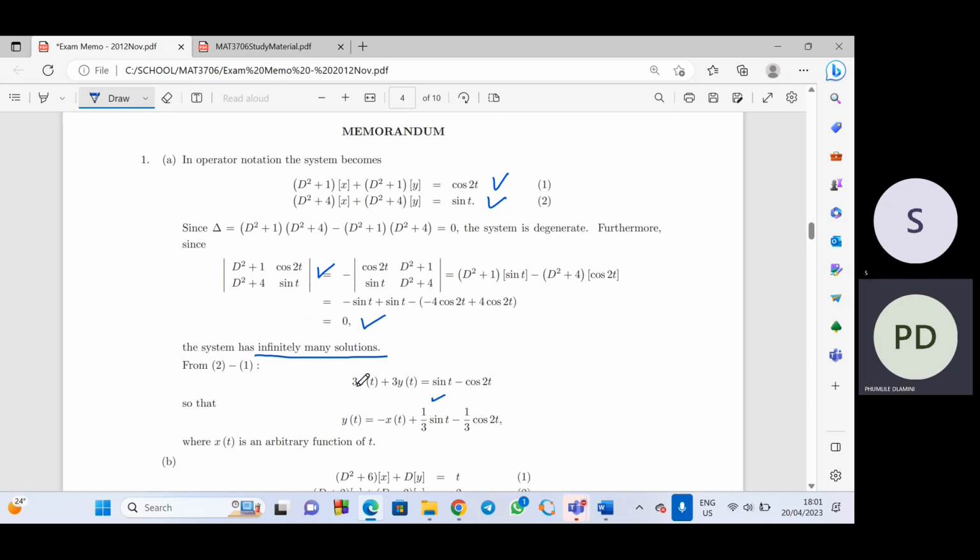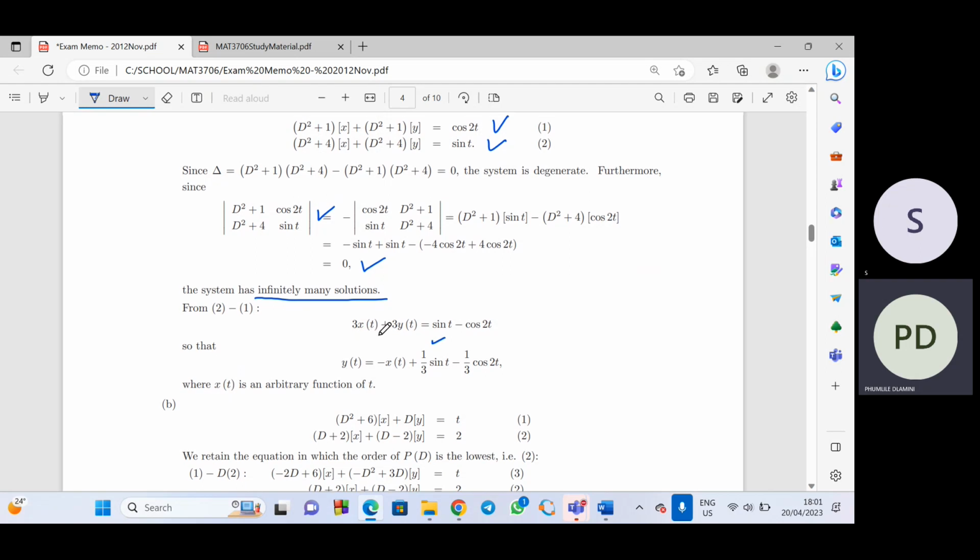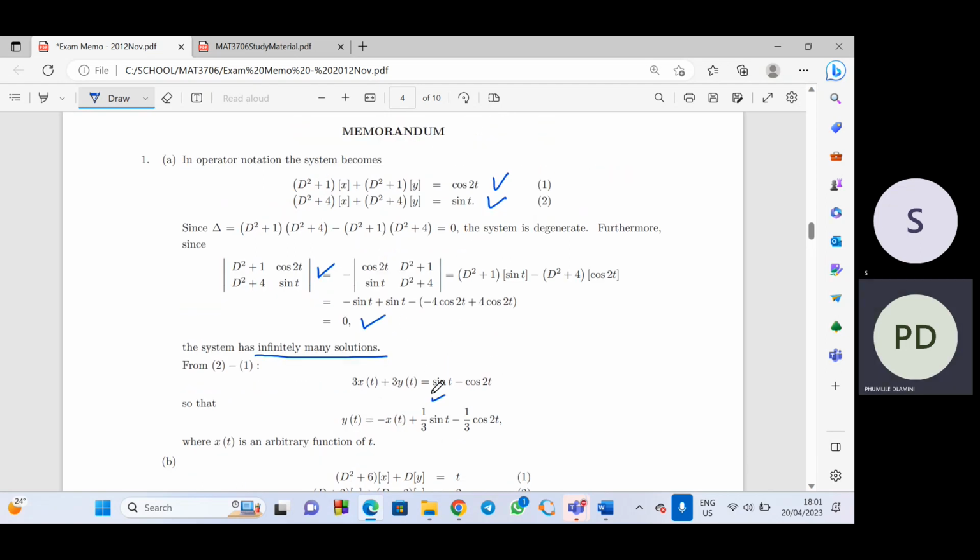The way you see here is 3x of t plus 3y of t, which is sine t minus cos 2t, sine t minus 4 cos 2t. If we take this equation and subtract this one here, what are you going to be left with?